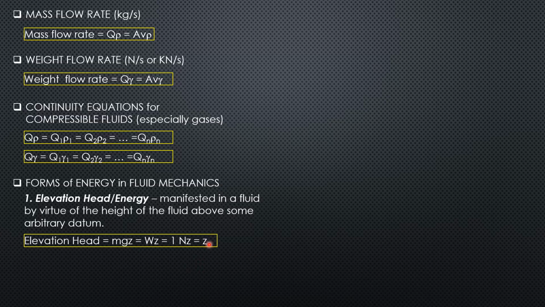So that's why the unit reduces to Z, in meters. Energy should be in Newton meter, but because the weight is taken per 1 Newton, it results to just meter. Remember, the original unit is Newton meter per Newton.